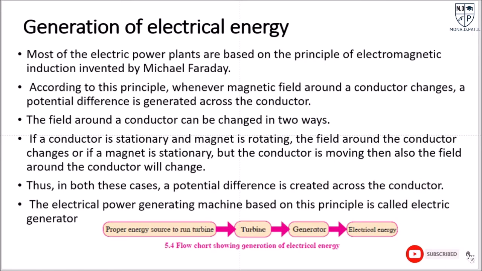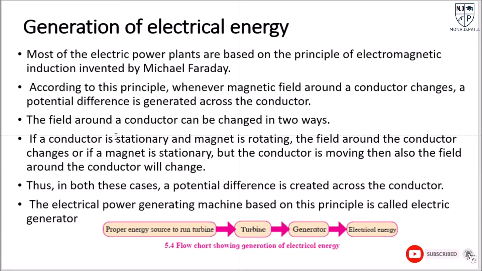After using this much energy, how the energy is going to be generated is a very important thing. Most of the electric power plants are based on the principle of electromagnetic induction invented by Michael Faraday. According to this principle, whenever the magnetic field around a conductor changes, a potential difference is generated across the conductor.